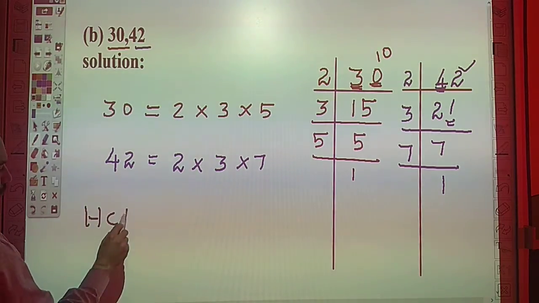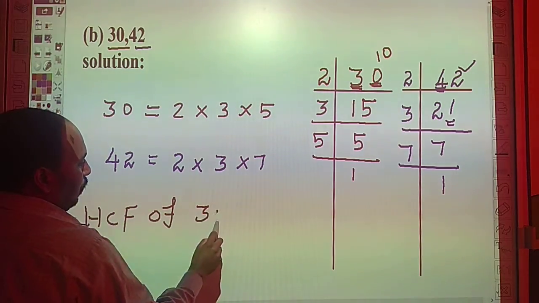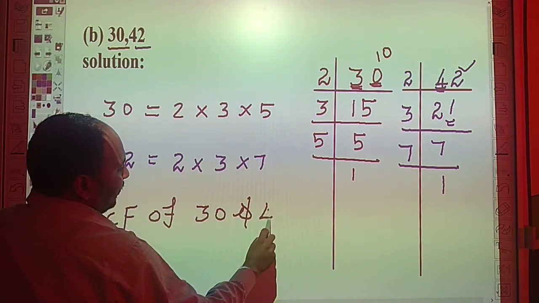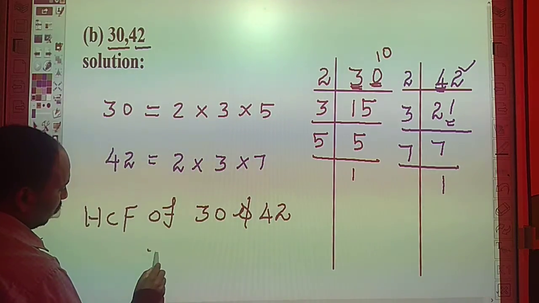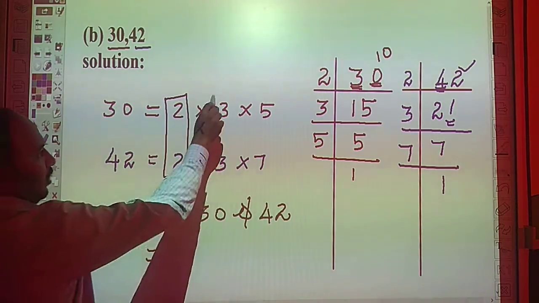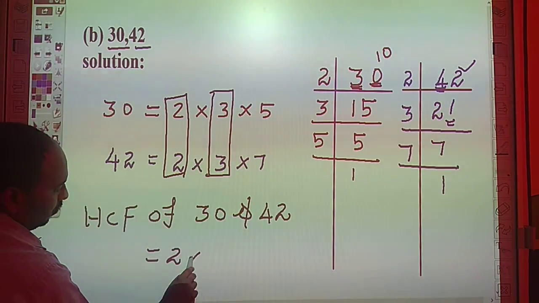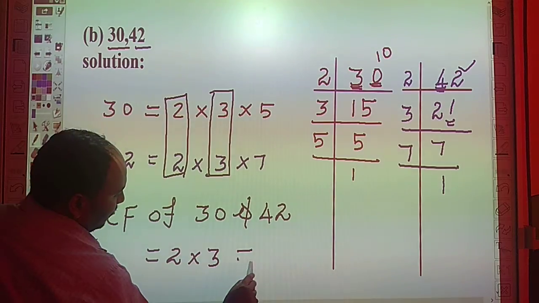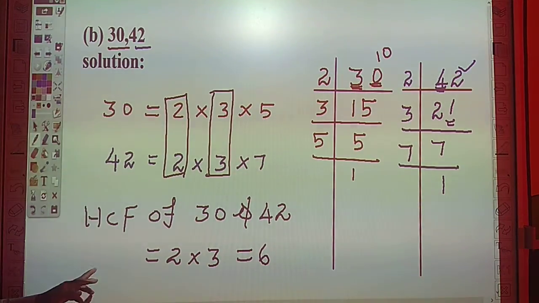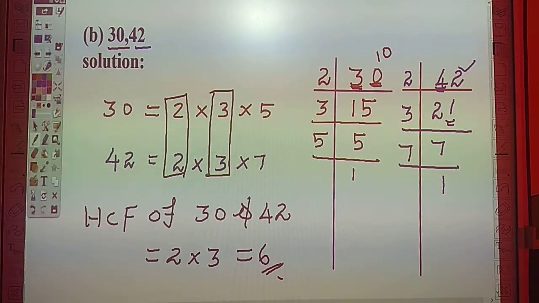Therefore, the HCF of 30 and 42 is equal to, the common number is 2. Here also the common number is 3. So 2 into 3. 2 3s are 6. Therefore HCF is equal to 6.